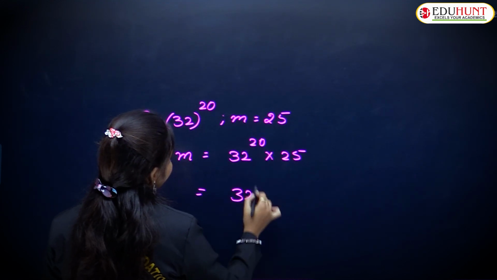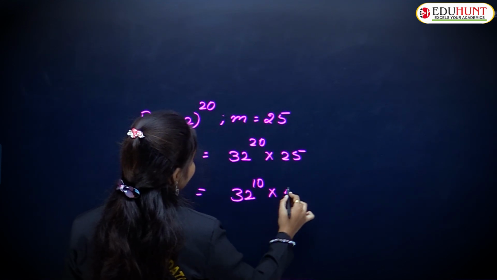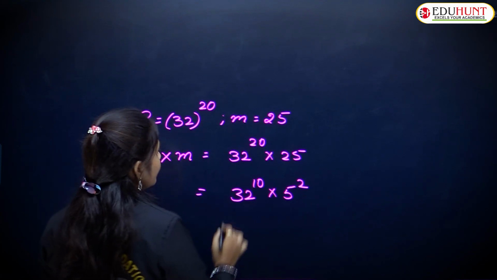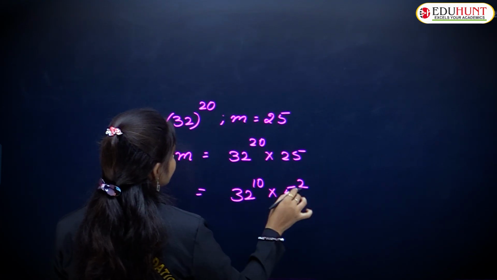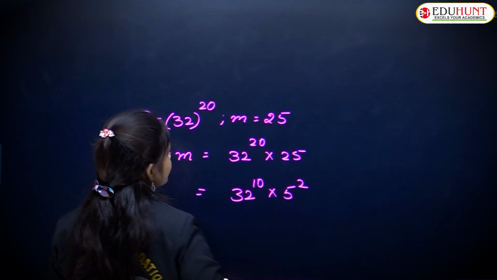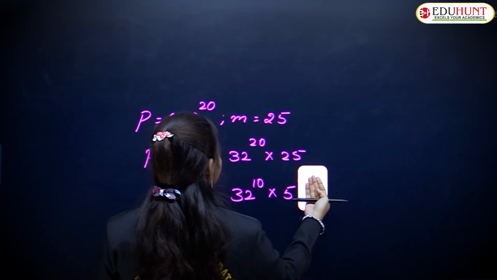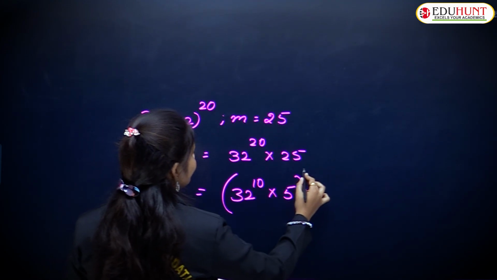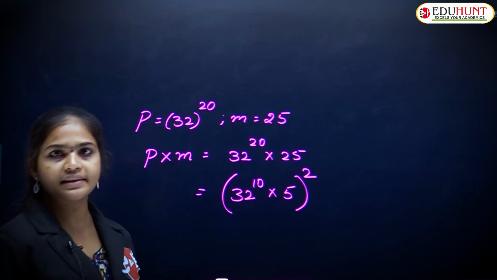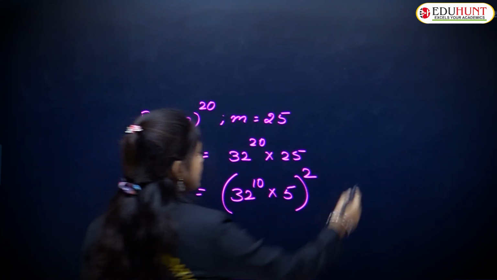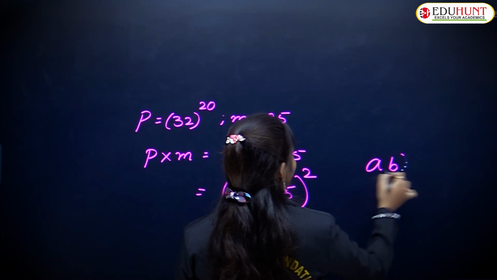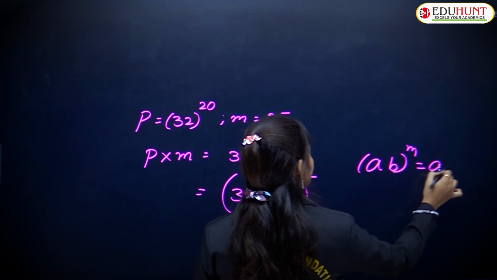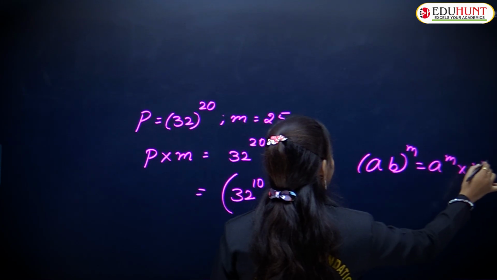So 32 power 10 into 5 square. Shall we write like that? Why? Because (AB) whole power m is equal to A power m into B power m.